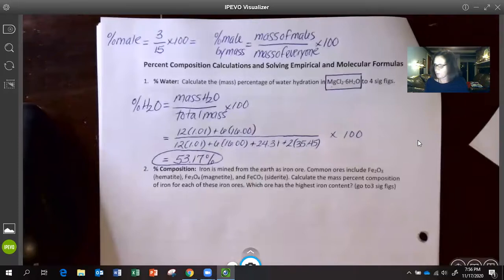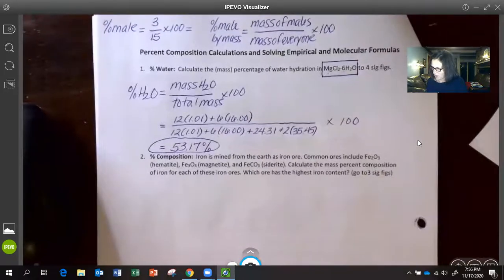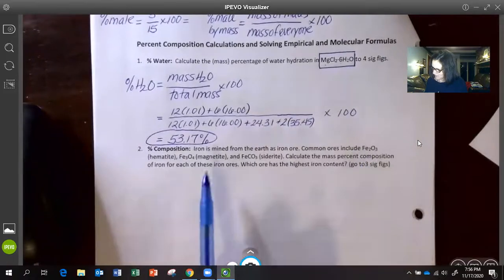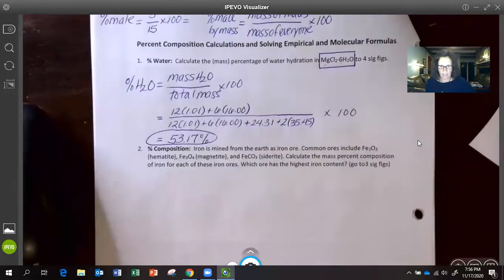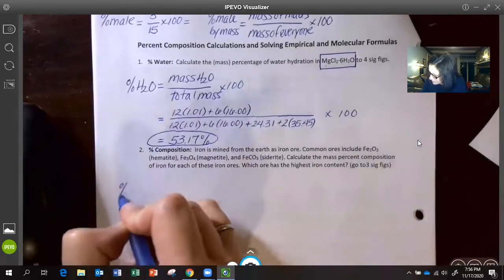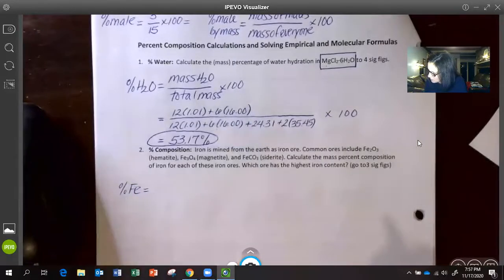All right, we'll do one more practice together. In number 2, it says iron is mined from the earth as iron ore. We have 3 possible common ores listed here, and we want to know which ore has the highest iron content by percentage mass. Okay, and we'll calculate that to 3 sig figs. So you're going to have to calculate the percent iron in Fe2O3.